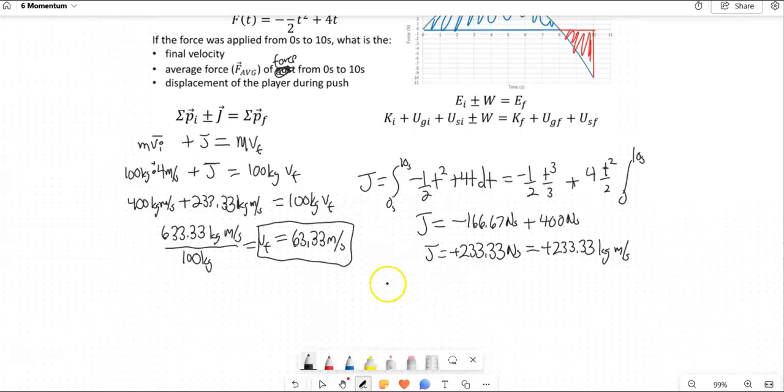So since we have impulse again is average force times the change in time, and that average force would be kind of a constant. So if we take, to find delta t, if we take that impulse and divide it by, nope, we want to find average force, sorry. Find average force.